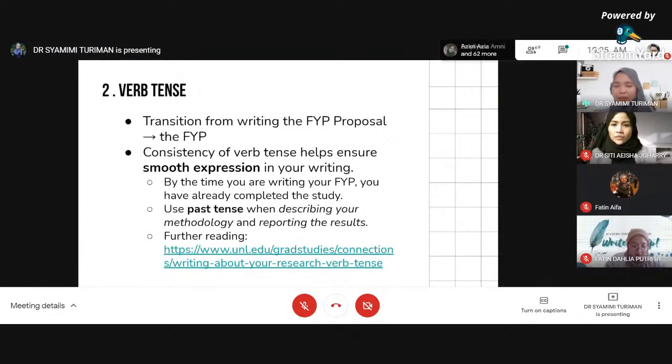There's nothing wrong in that, because as I mentioned, the content would be similar, but from planning what to do to reporting, there will be changes in the verb tense used in both documents.